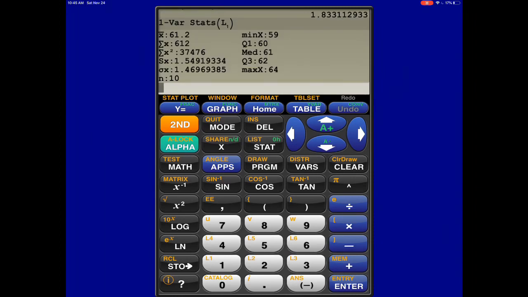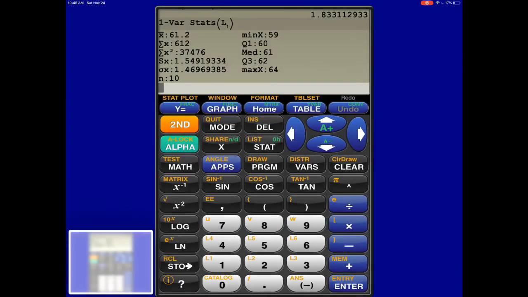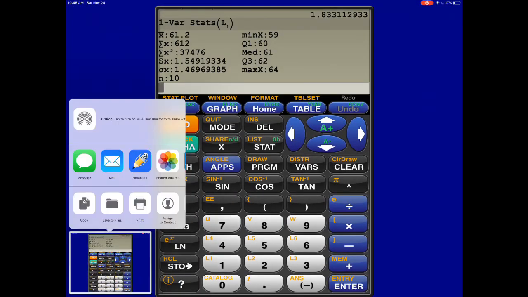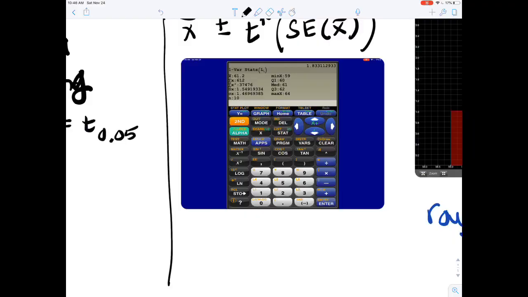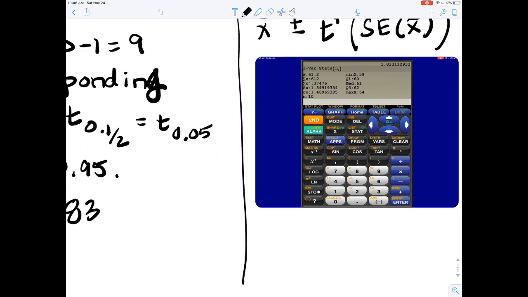And lo and behold, here's what we get. And you've got to remember what you're supposed to use, all right? What we're going to use is X bar and which one? Sx or sigma x? Beautiful, Sx. X bar, you can see, is here.